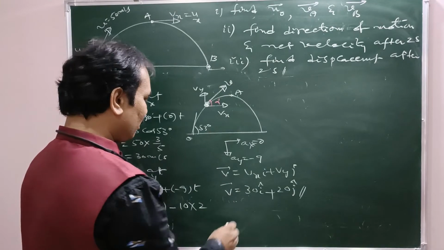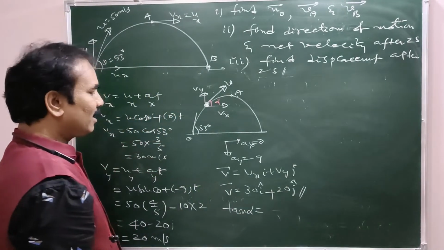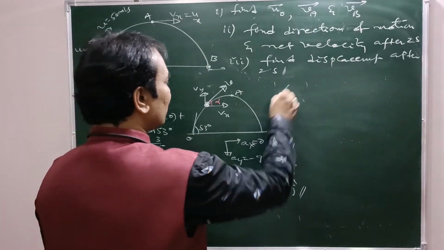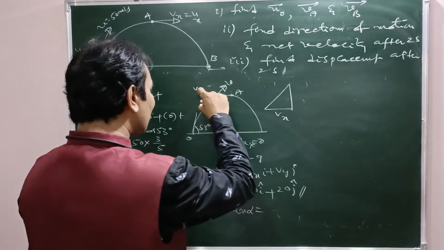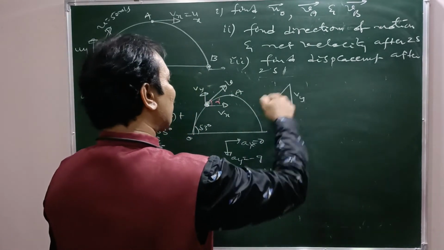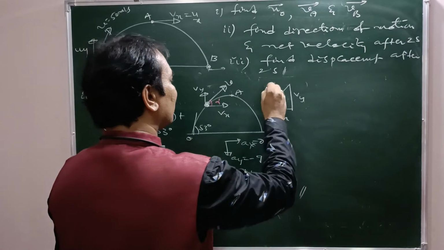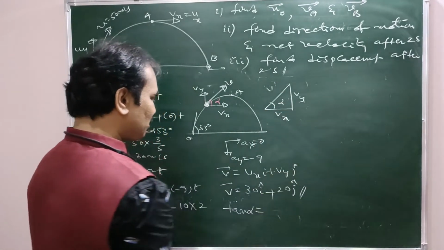So tan alpha. See here, this is Vx, this is Vy, join somewhere here, the hypotenuse. What is the hypotenuse here? V. So here it is alpha. So tan alpha is Vy by Vx.